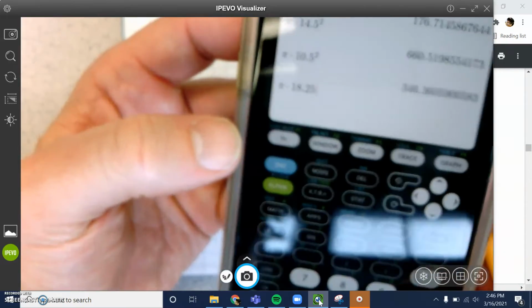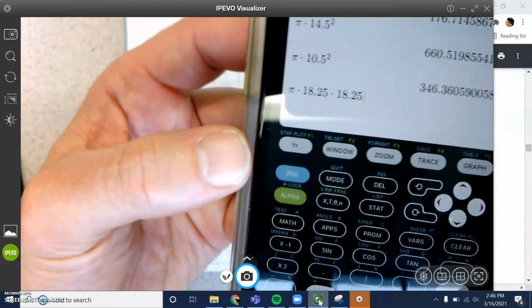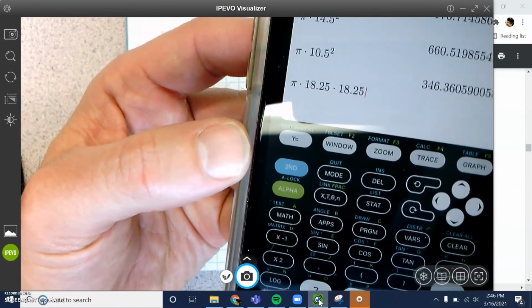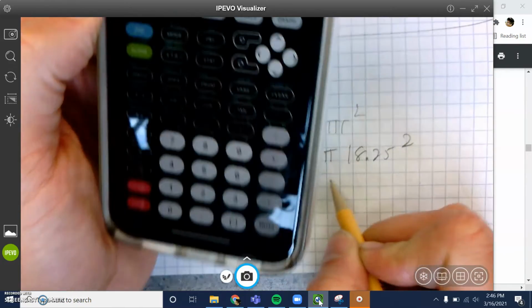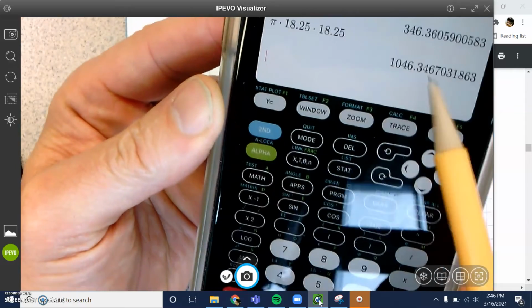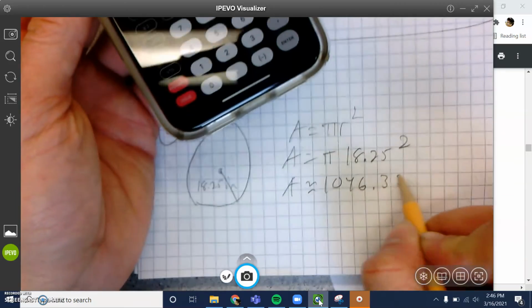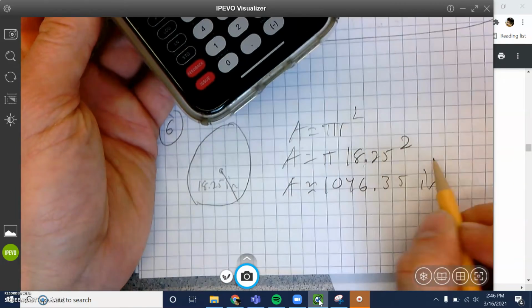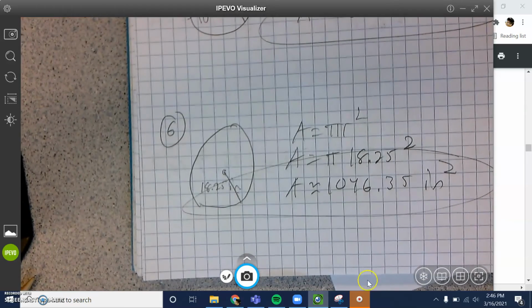Oh, I can't find the square. What am I going to do? Times 18.25. Squared is times something by itself, right? That'll do the same thing as squaring it. So I got area is approximately 1,046.35. To the hundredth, 0.35. Inches squared. There we go. Nice job. Keep on keeping on. Good work.